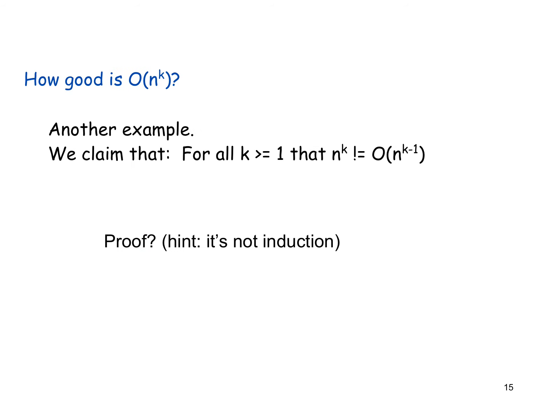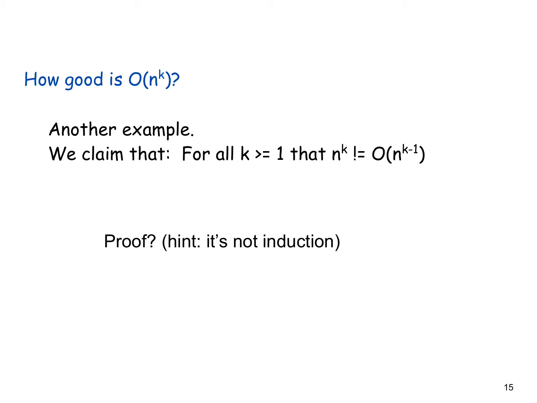Okay. Another question. How good is big O of n to the k? So if we have another claim that we would like to make, for all k greater than or equal to 1, that n to the k is not equal to big O of n to the k minus 1.